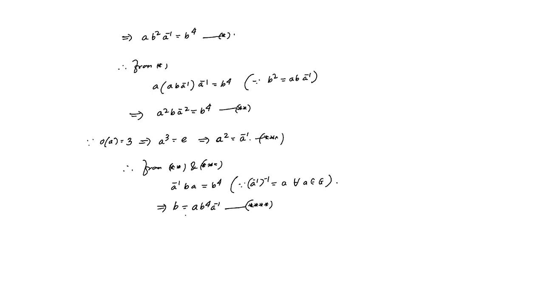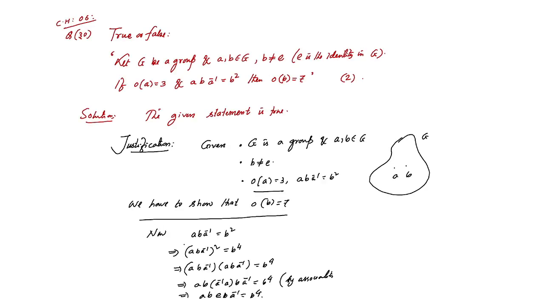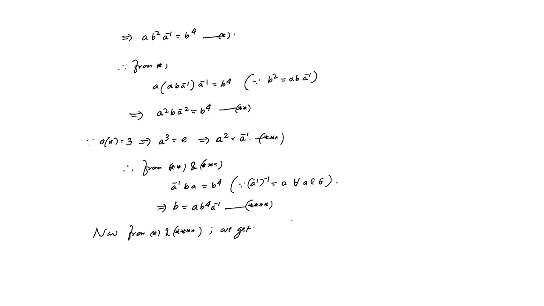Now from star and 4 star, we get B equals A B to the power 4 A inverse. So from this information we can consider this as 1 and that as 2.